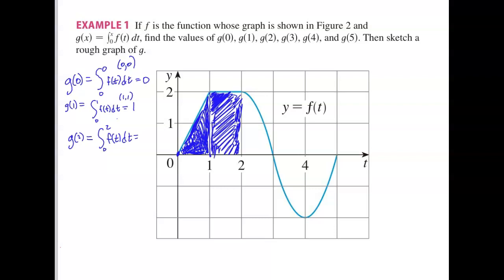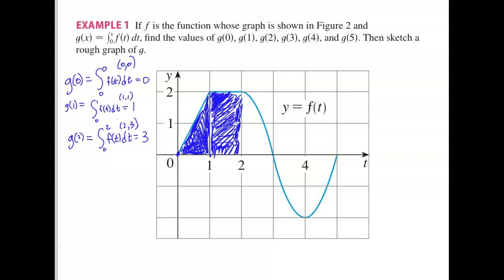So what's the total area between 0 and 2 under the curve? It'd be the triangle plus the rectangle, so it'd be 3, right? Great. So my output is 3. That's going to correspond to the point 2, 3. My input was 2. My output was 3.